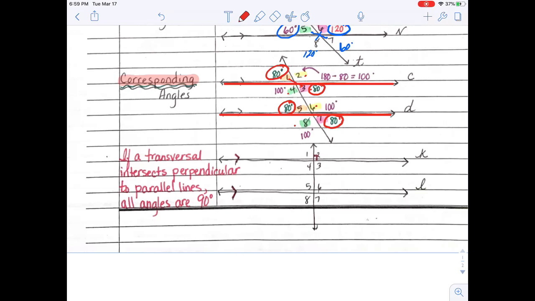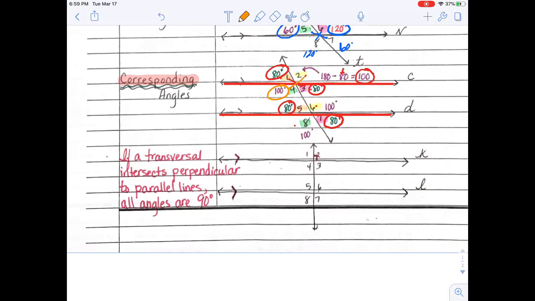Again, look for those straight lines. Angle 1 and angle 2 are straight lines. They're supplementary. So that means 180 degrees. That 180 minus the one you already know here gives you 100 degrees. Now think about those vertical angles again. 2 and 4 are vertical, so now you know angle 4 is 100.